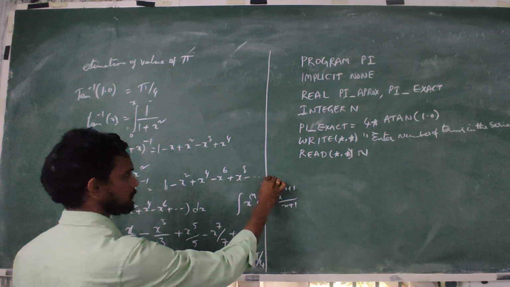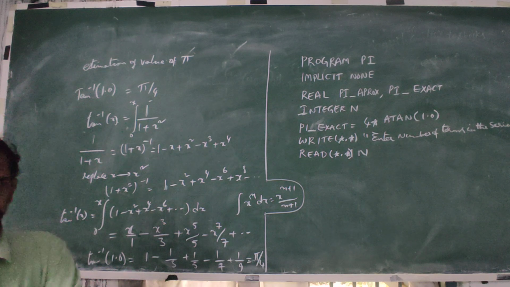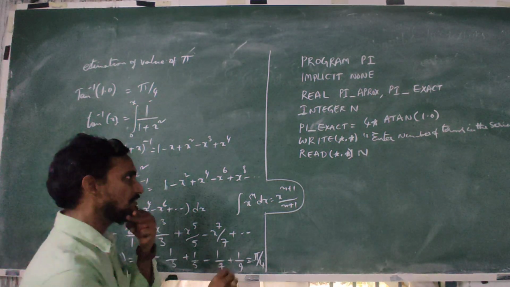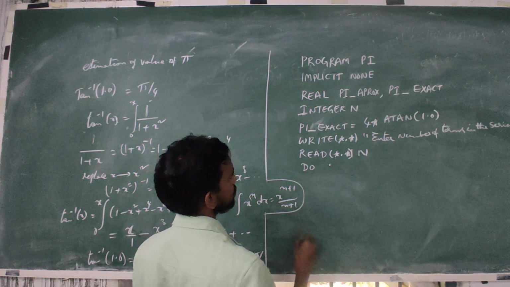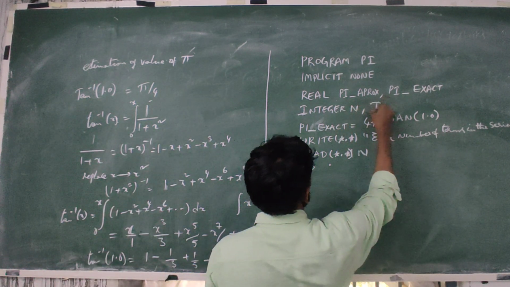So once you read that, you have to generate this series. So I'm using that loop do, we need another variable also.